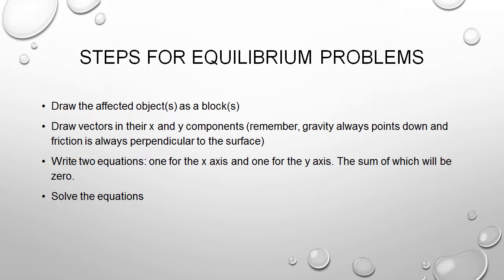Sometimes these vectors might be at an angle. You could draw that, but also keep in mind that it'll be easier if you convert these angled vectors into x and y components.